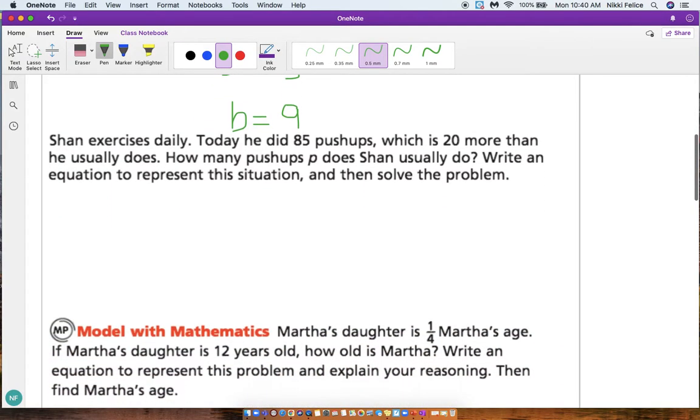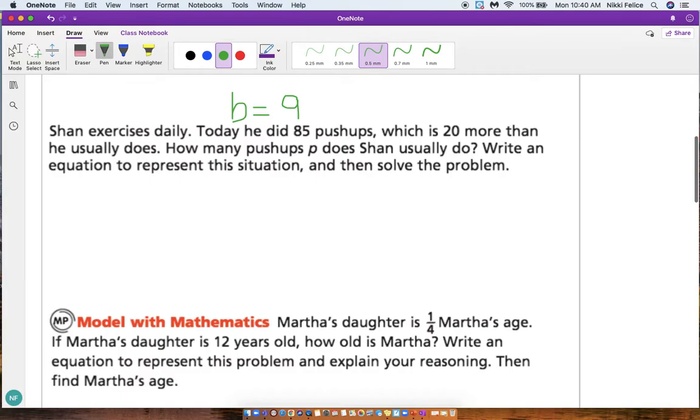In our next example, Shan exercises daily. Today he did 85 push-ups, which is 20 more than he usually does. How many push-ups P does Shan usually do? So again, we're going to write an equation and solve it. Today he did 85 push-ups, which is 20 more than he usually does.